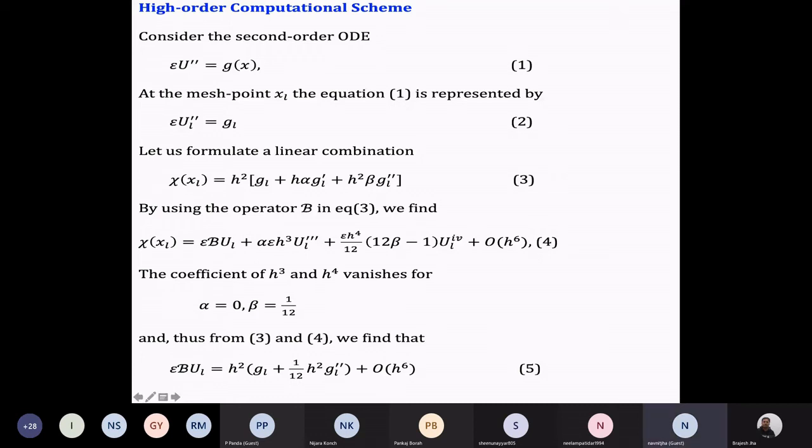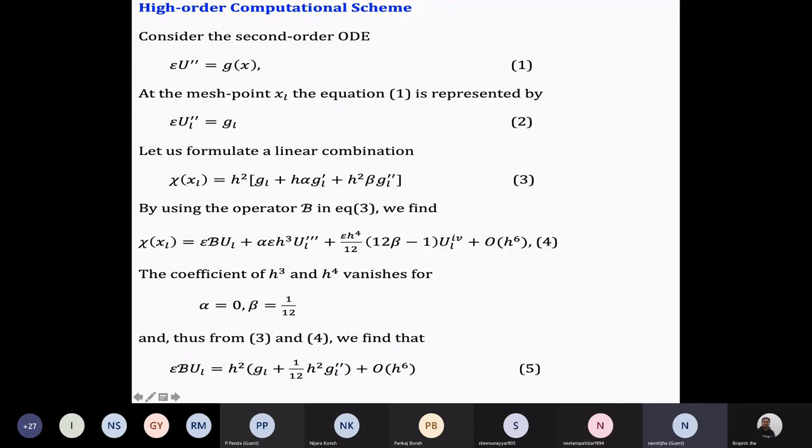Add h square gl plus h alpha gl derivative plus h square beta gl double derivative. Here alpha and beta are parameters whose values are calculated in such a way that we can achieve a high order scheme.